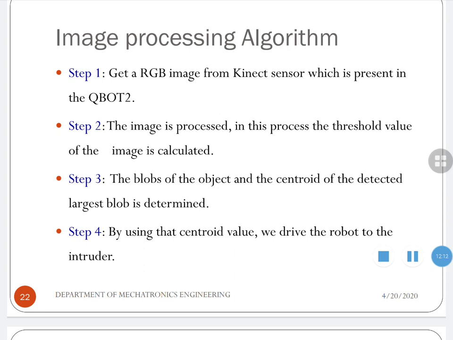If the target is white in color, the largest white blob will be calculated and targeted, and the object should be moving. By using the centroid value, we drive the robot to the intruder. By calculating the largest blob, and as the xy coordinates move, we are following the particular intruder.